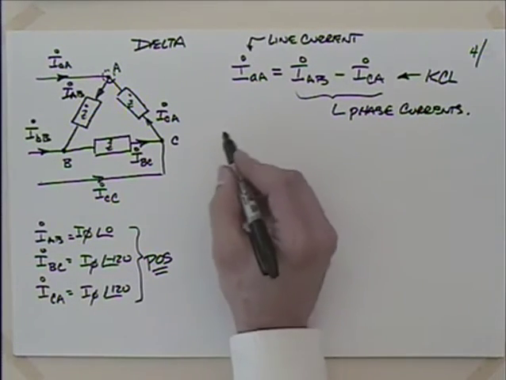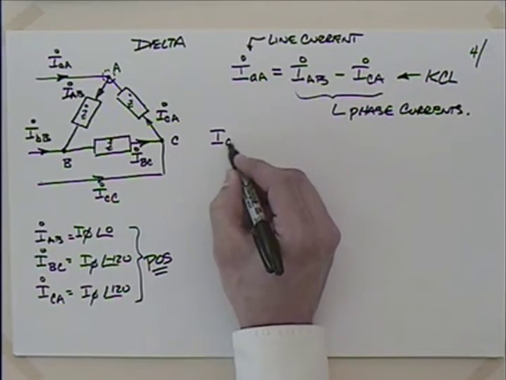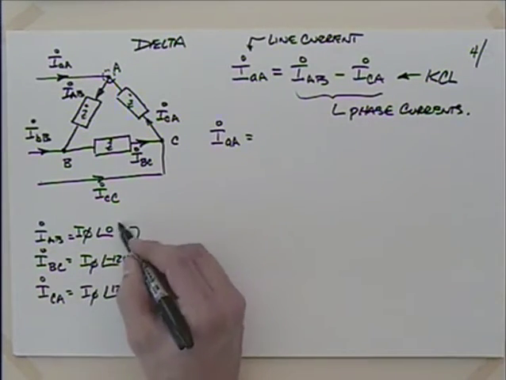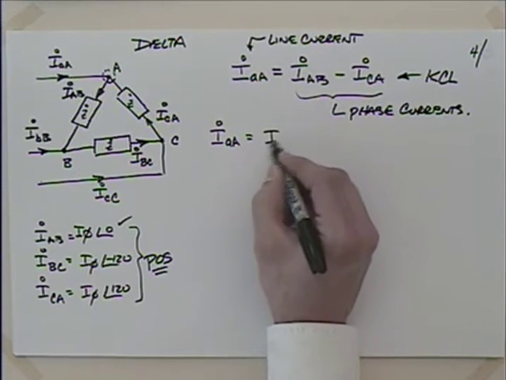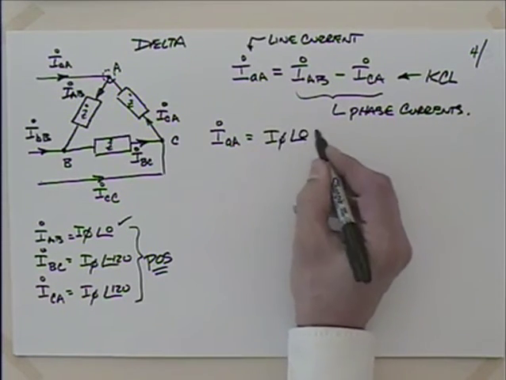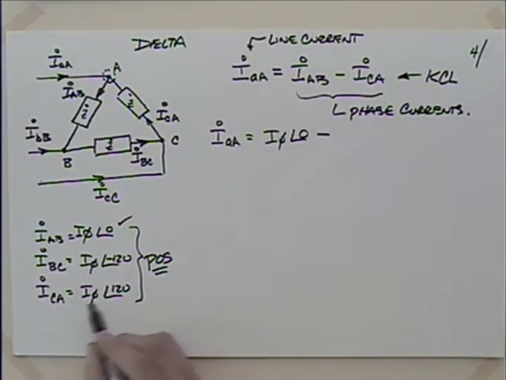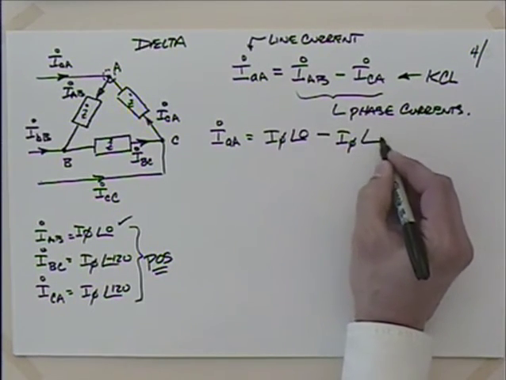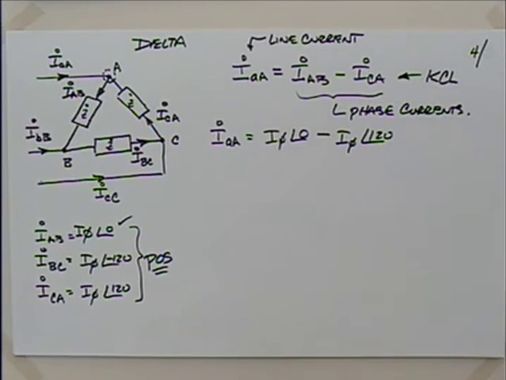So if I make the substitution, I could say that I little a, big A, was equal to I_AB. That's going to be I_phi at an angle of 0 minus I_CA, which is going to be I_phi at an angle of 120. Very similar to the math we had on the previous page.